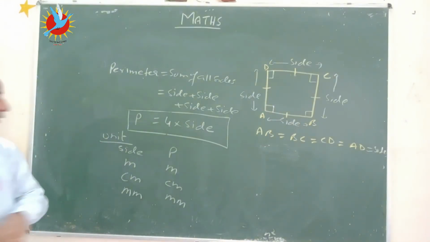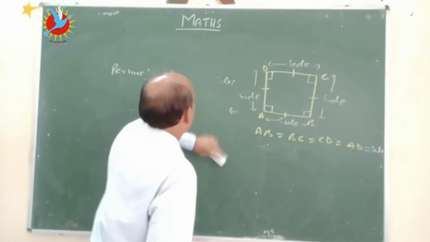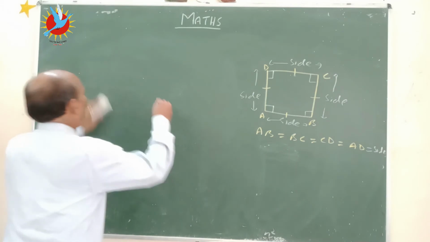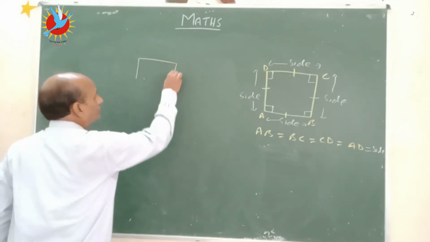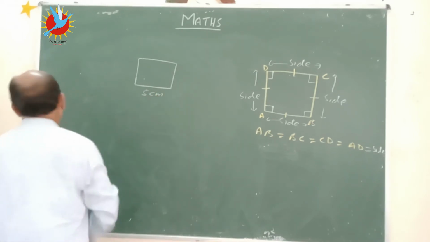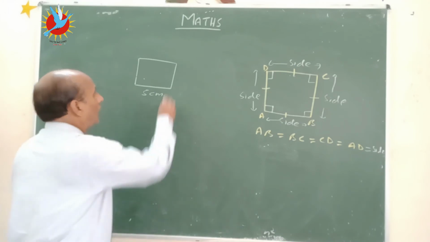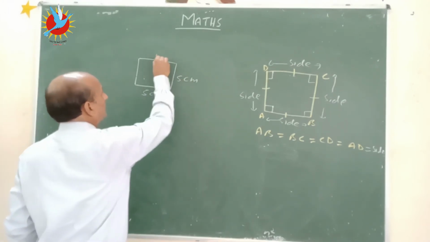Now let us take one simplest example. We have to find the perimeter of a square whose side is 5 centimeter. Now side of the square is 5 centimeter. It means all other sides are also 5 centimeter.